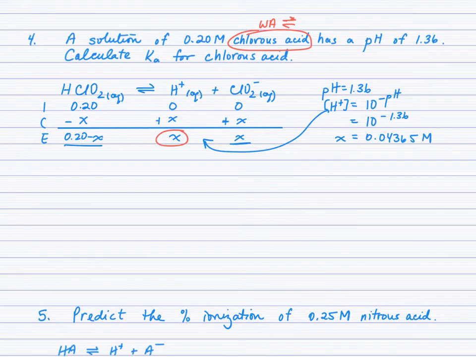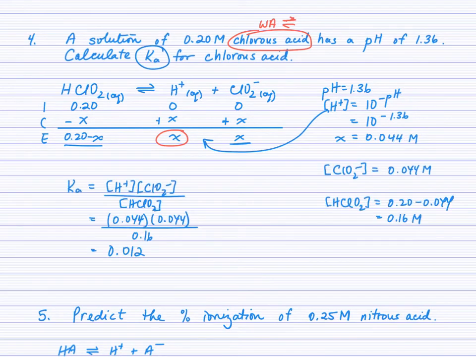And finally, knowing all of those, I can write my equation for Ka, substitute, and calculate. Okay, and so I rounded to 2 sig figs since I had 2 digits after the decimal in the pH, calculated the concentrations of the chlorite and HClO2 particles, and then wrote my equation for K and substituted, computing the Ka value to be 0.012.